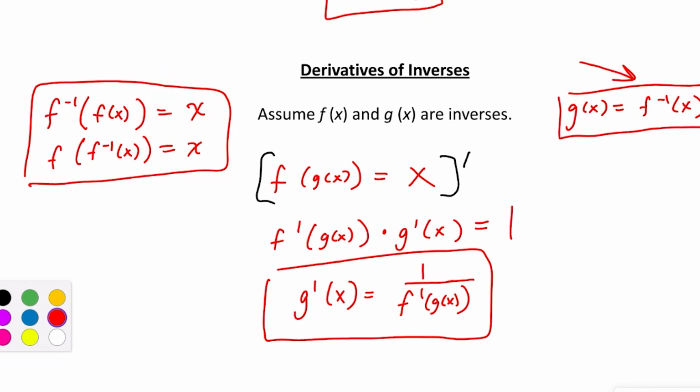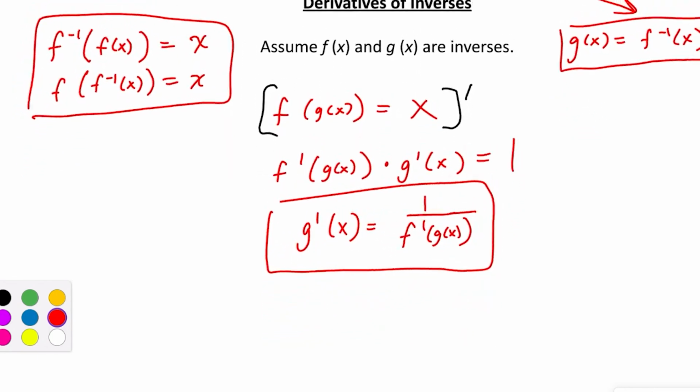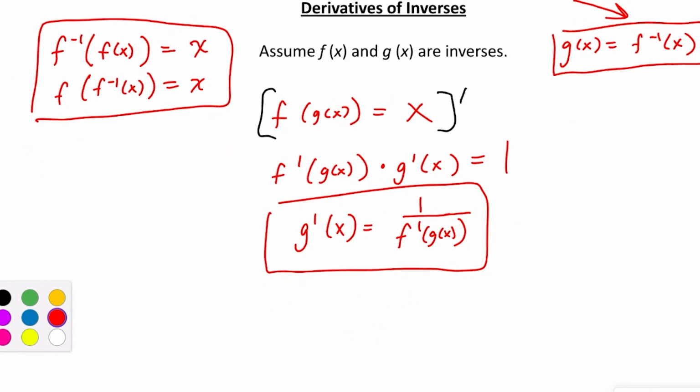Okay, another way of looking at this, now this is only going to be true, make sure, if g is the inverse of f. So this doesn't work for any f and g. This only works if g is the inverse of f.